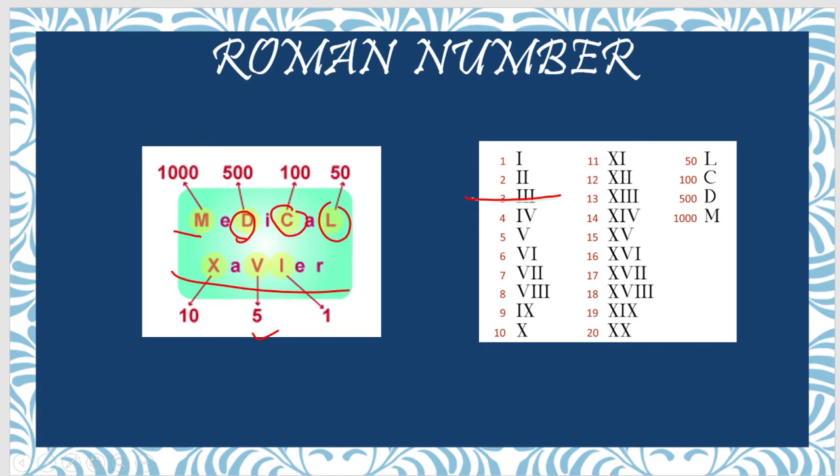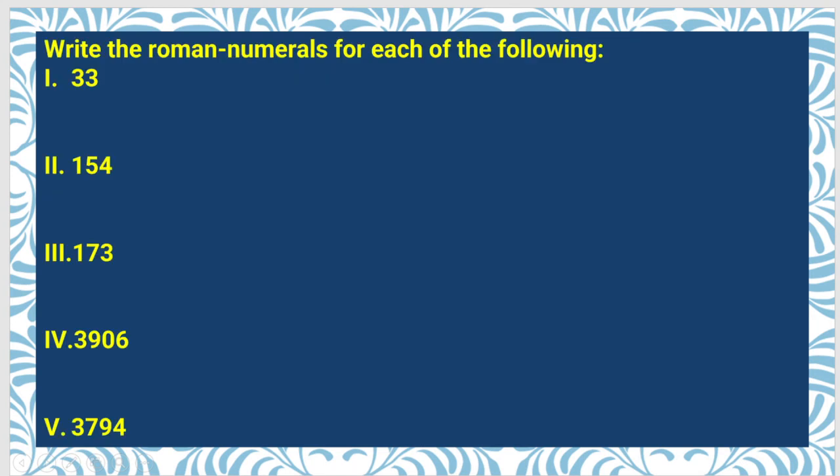For D, there are two places, so there are 2 zeros. Okay. For 100 also. Then is X, 5 and 1. Okay. Let's do this.